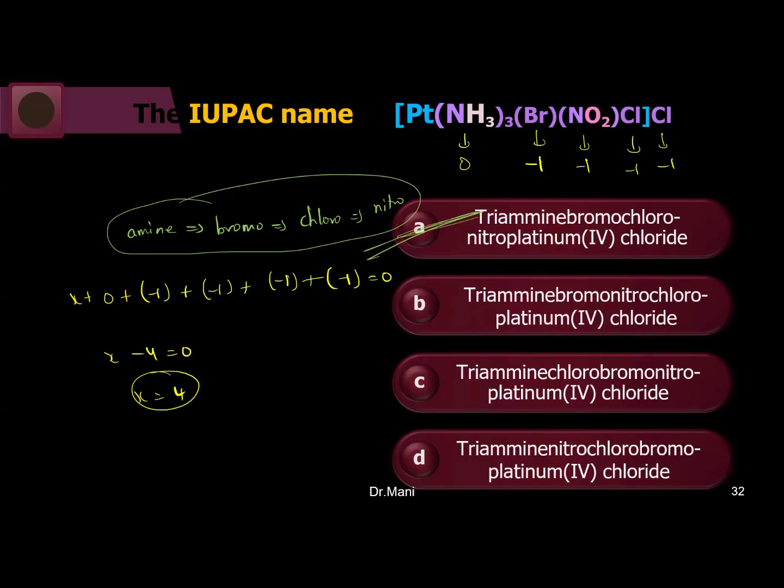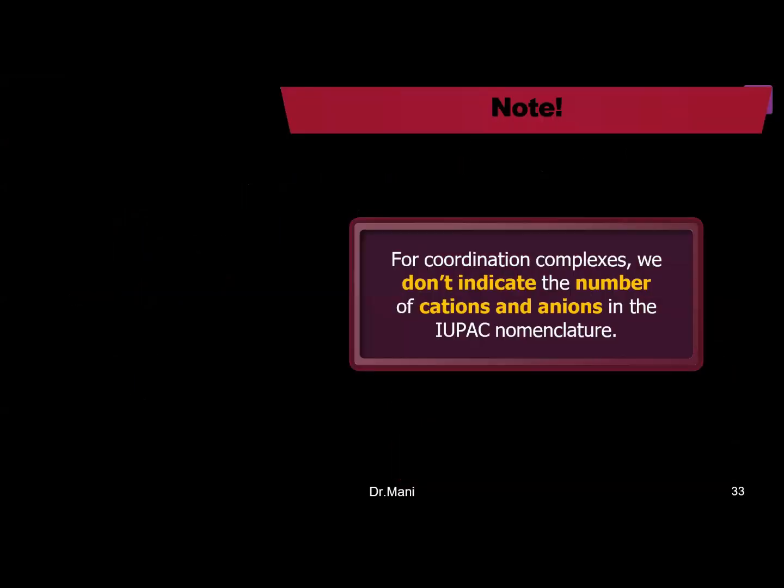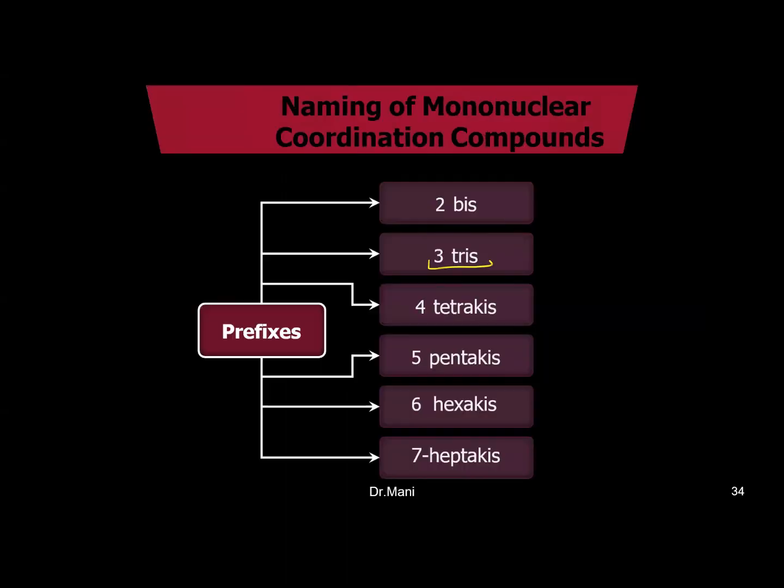So next one. For coordination complexes, we don't indicate the number of cations and anions in the IUPAC naming. Suppose you see here, we never indicated any cationic or anionic there. And remember, sometimes the prefixes should be given as 2 bis, 3 tris, 4 tetrakis, pentakis, hexakis, heptakis.